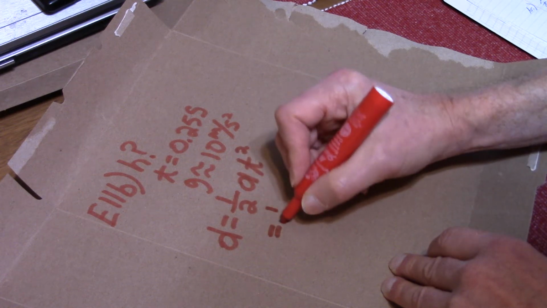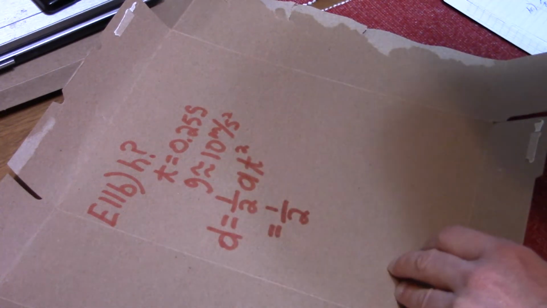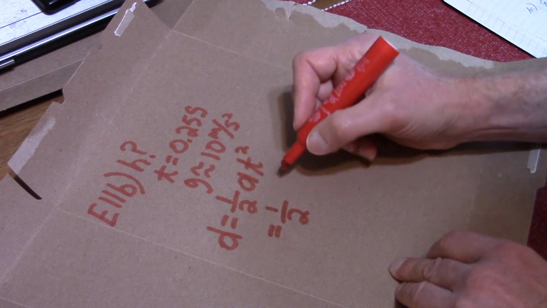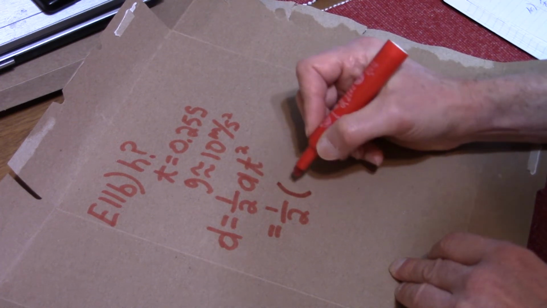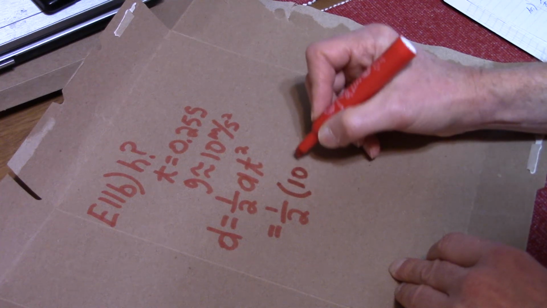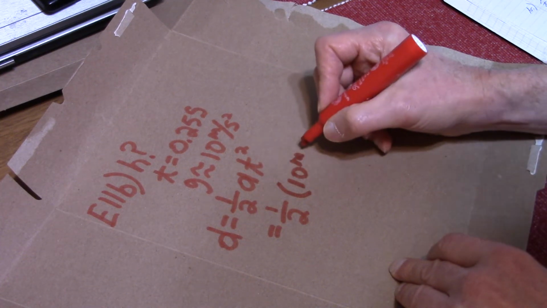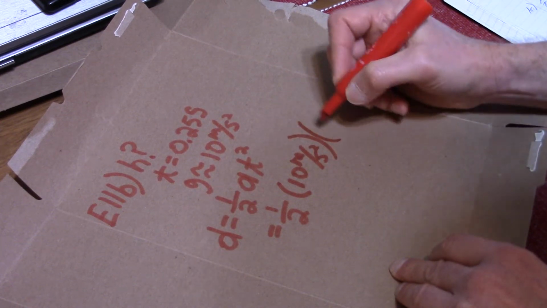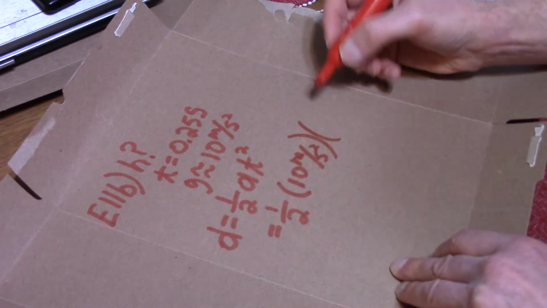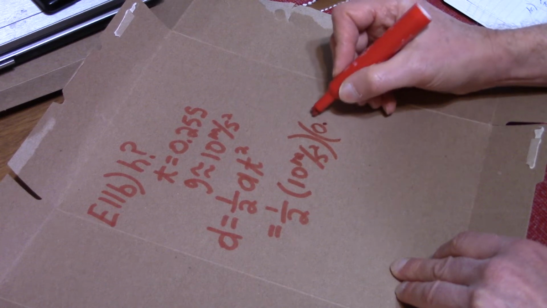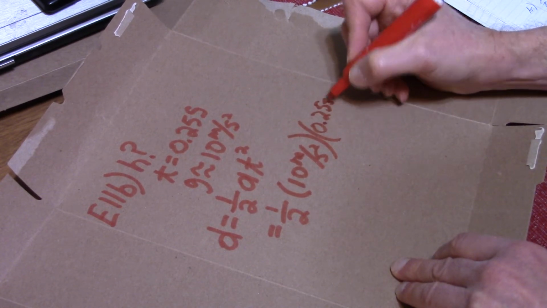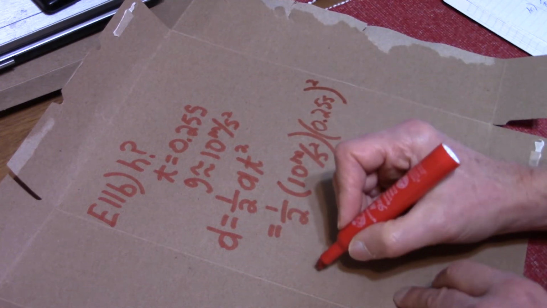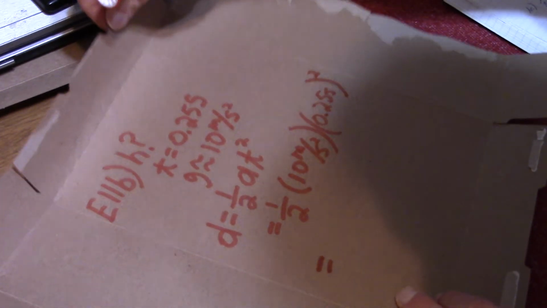So h equals one half times 10 meters per second squared times 0.25 seconds squared.